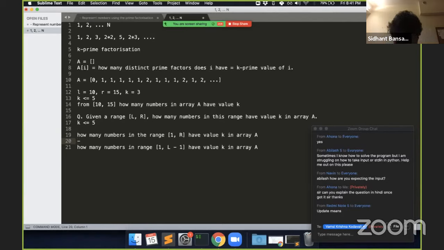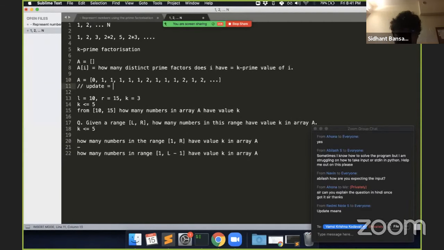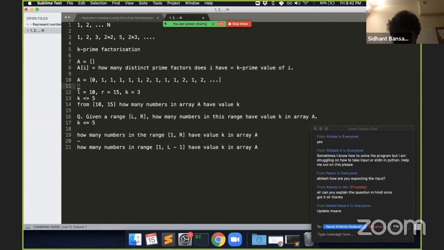Segment trees are generally used when there are updates, basically when values in the array are being changed. If there are no updates, then generally you can find something simpler than segment trees. So if someone is thinking segment trees, it's a good idea not to, because there are no updates in this question.